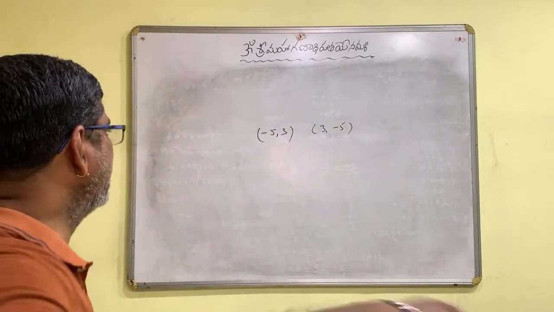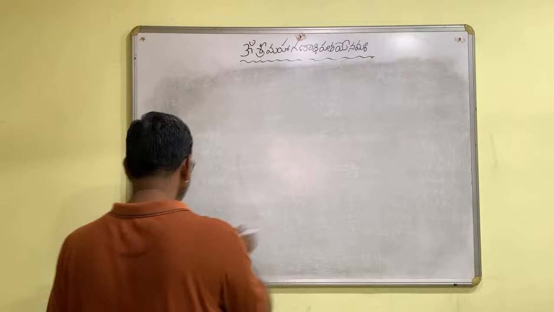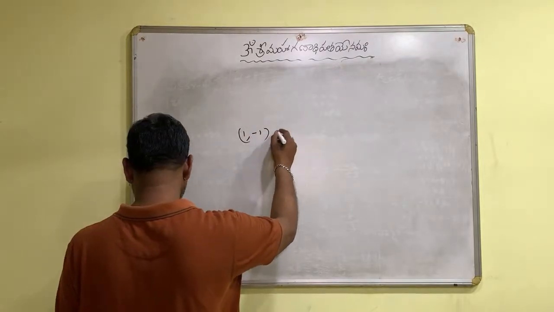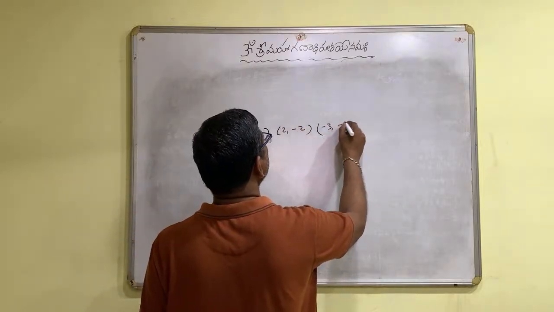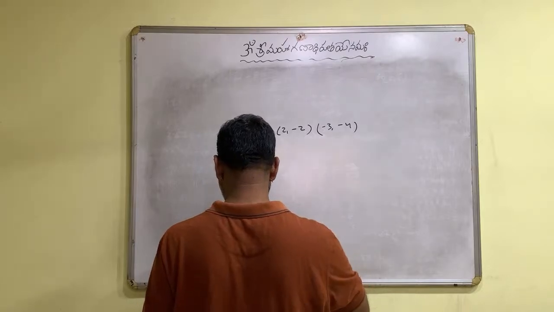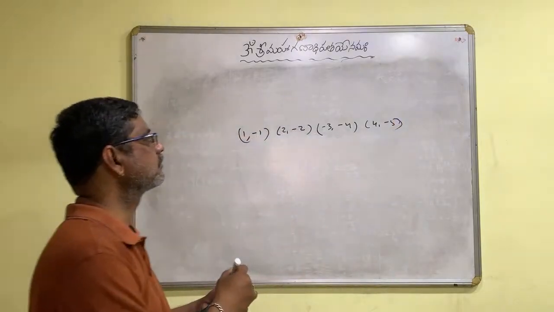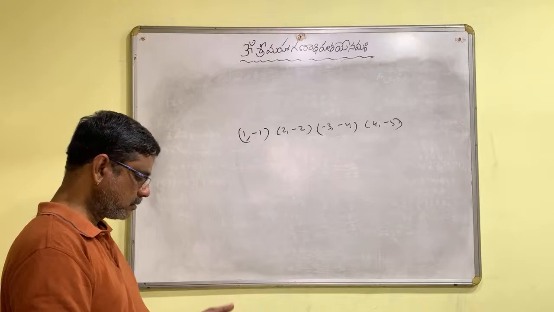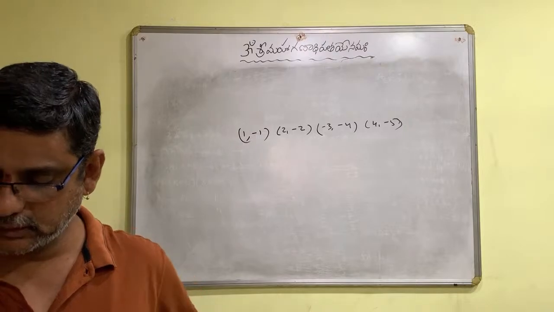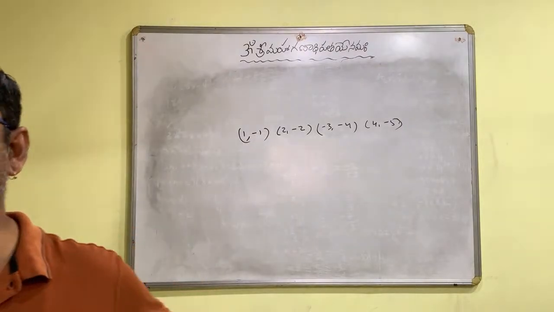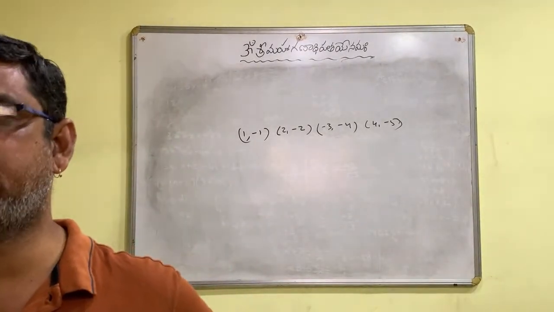Now observe these points, children: 1, -1; 2, -2; -3, -4; 4, -5. See the four options given and tell me which option is right.